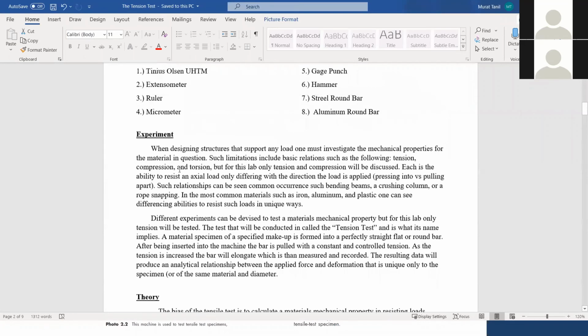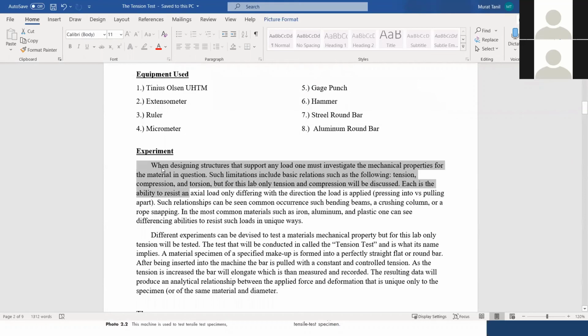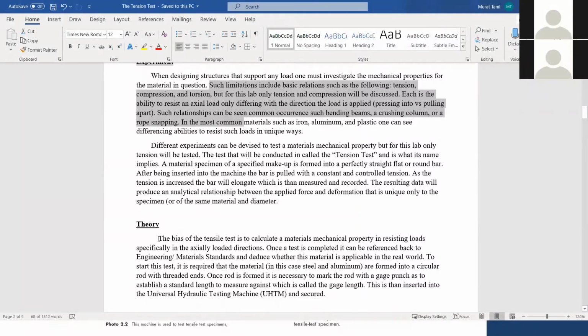This is basically the theory. If you read it from the beginning, it starts with: when designing structures that support any load, the engineer must investigate the mechanical properties of the materials in question. So you have a background, where you explain what is behind this experiment before you start the theory.